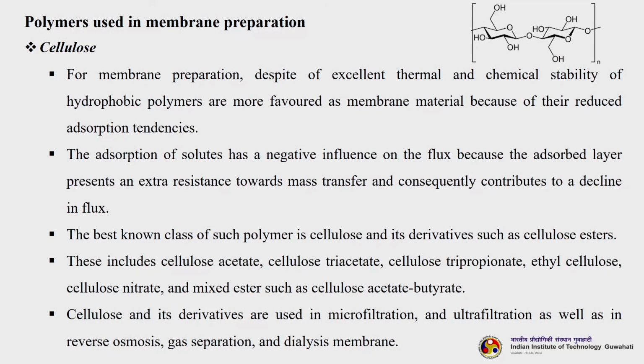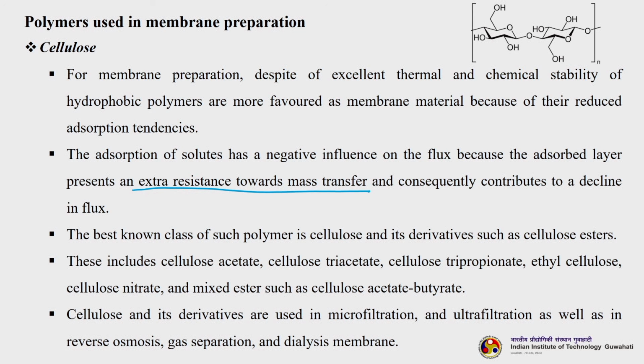The adsorption of solutes has a negative influence on the flux because the adsorbed layer presents an extra resistance towards mass transfer and contributes to a decline in flux. One resistance, as we discussed earlier, is inherent due to the membrane thickness. The second resistance comes from the adsorbed layer of solute on the surface. The lesser the thickness of the adsorbed layer, the lesser the resistance towards mass transfer.